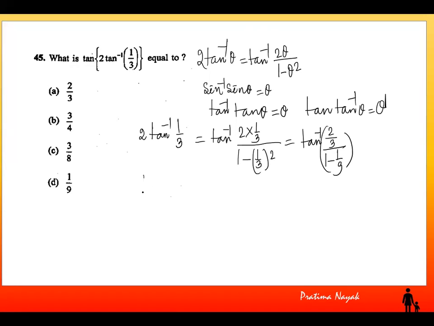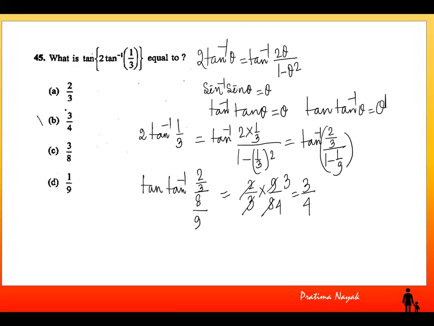So now I'm writing the whole expression: tan inverse 2 by 3 upon 8 by 9. Tan inverse tan I'll remove. So the answer will be only 2 by 3 into 9 by 8. Simplify this, it will be 4 and this will be 3. What is the answer? Answer is 3 by 4. Where is the answer? B is the answer.